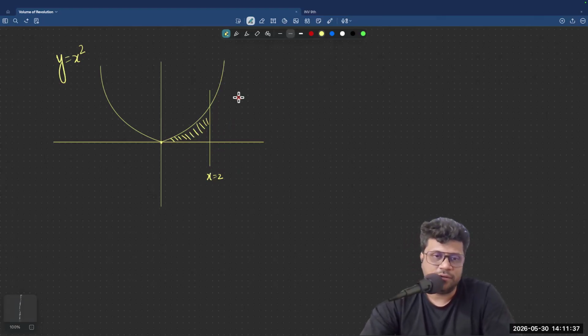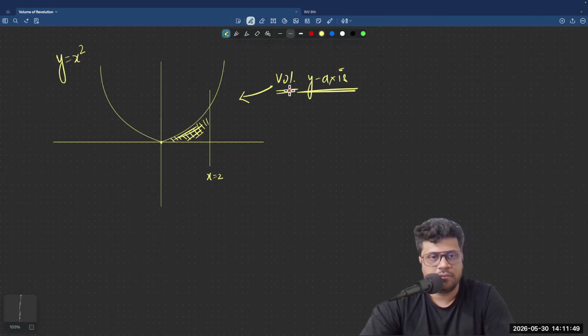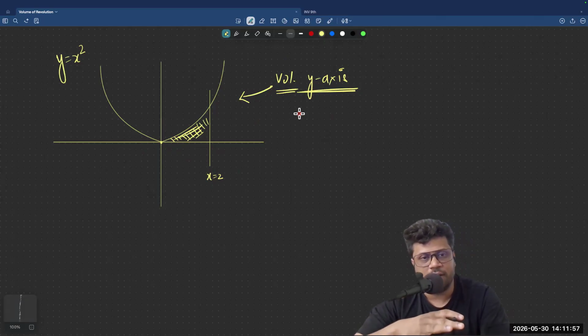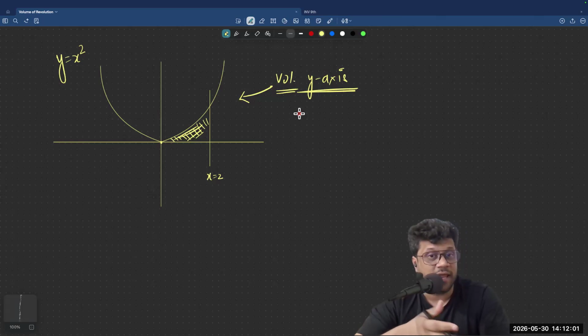Now they're saying to figure out the volume of revolution for this area if it is rotated about the y-axis. So there are two ways one can approach, and this video is intended for you to see if the strip you take needs to be vertical or if it needs to be horizontal.